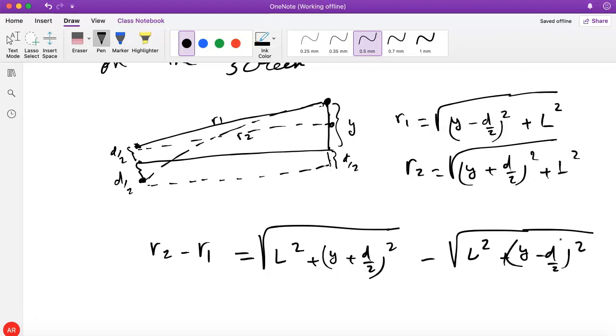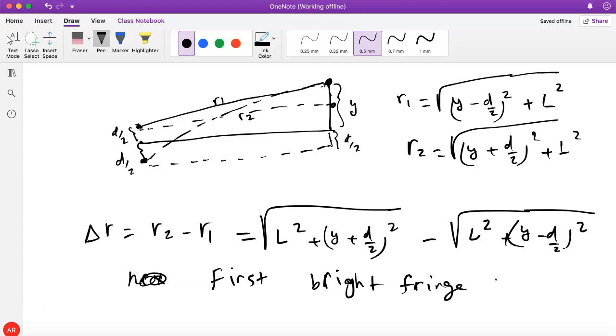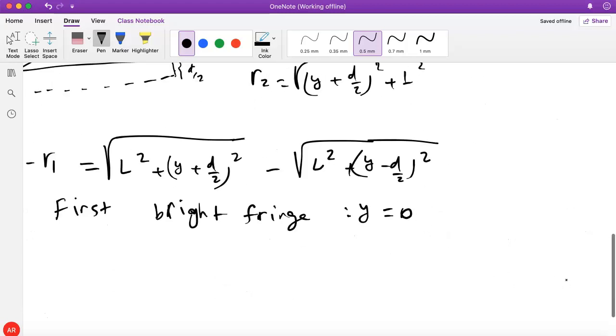And so the first point where you have, let's say, the next bright fringe, let's call that delta R. Well, the first bright fringe, as we said, is the central point, Y equals 0, and clearly that gives delta R equals 0.